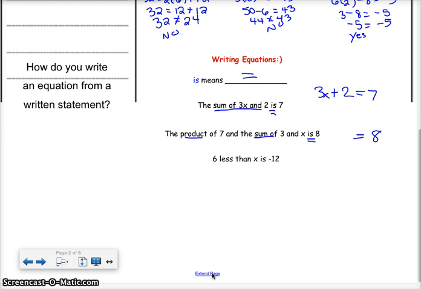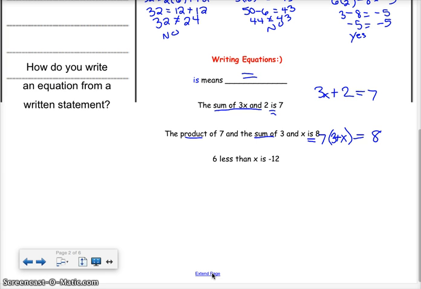So this is the product of 7, so it's 7 parentheses, and the sum of 3 and x, so 3 plus x. This is the product 7 times that sum, okay? So when there's 2 vocab words, you have parentheses.